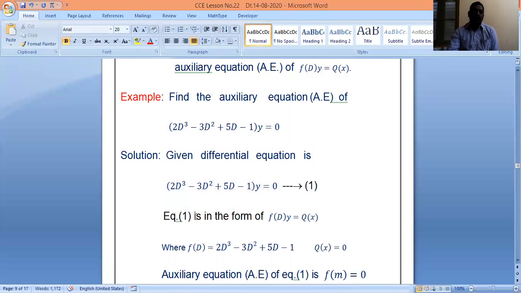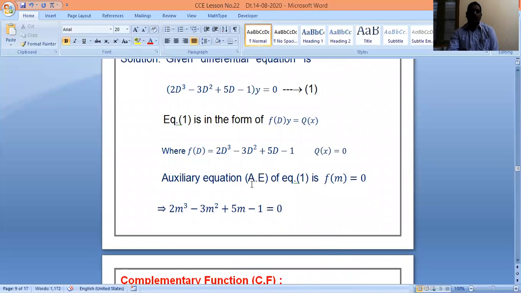Now, equation 1 is in the form of f of D into y is equal to q of x. Here f of D is equal to 2D^3 - 3D^2 + 5D - 1 and q of x is equal to 0. Now, the auxiliary equation of equation 1 is f of m is equal to 0. That implies 2m^3 - 3m^2 + 5m - 1 is equal to 0.